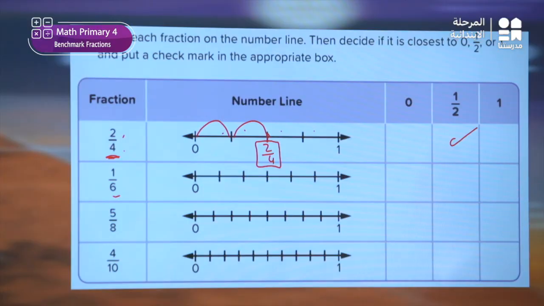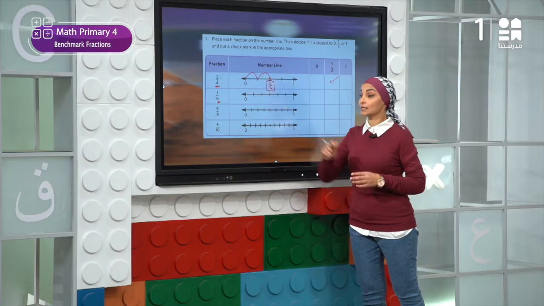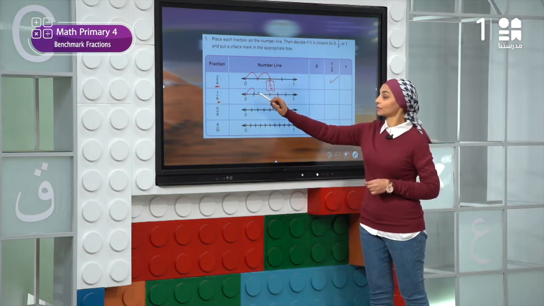تعالوا نشوف the next fraction. The next fraction I have is 1 over 6. يعني 1 part out of 6. طيب النمبر لاين أكيد divided into 6 parts, right? Why? Because the denominator زي ما احنا شايفين is 6. So I will count 1 part out of 6.